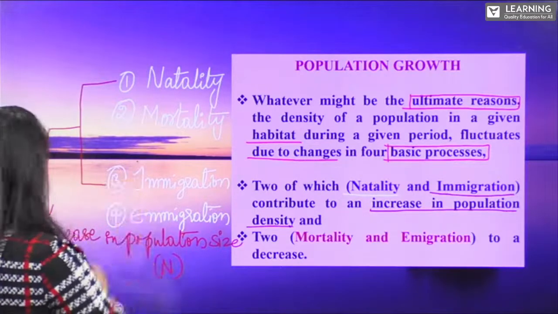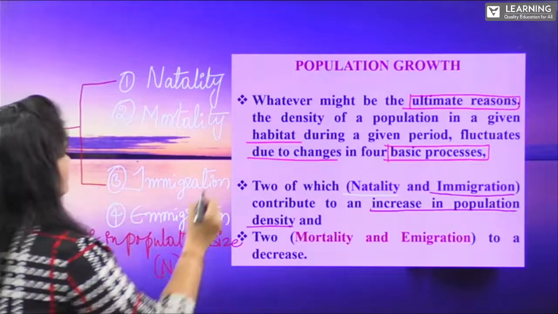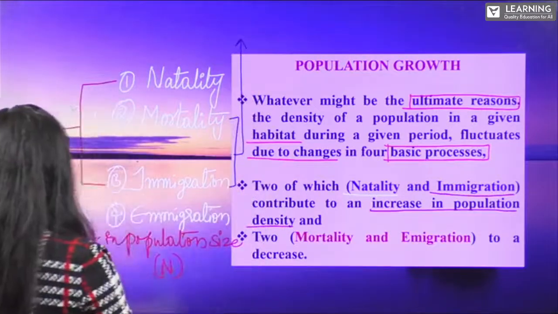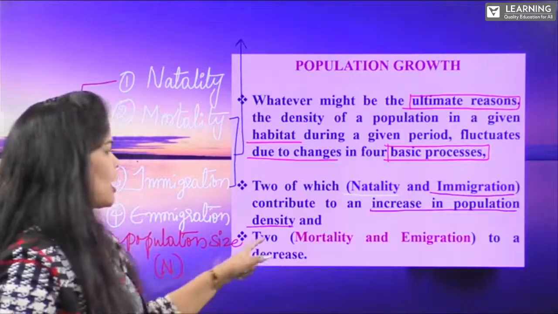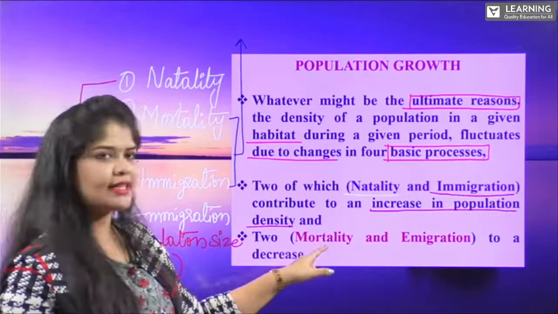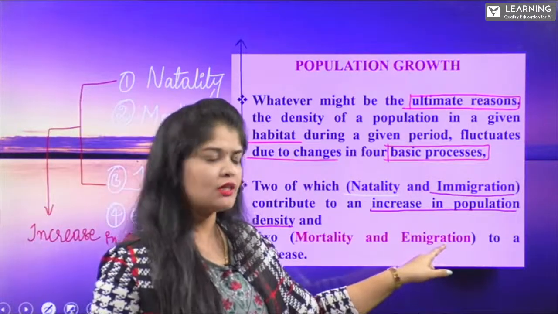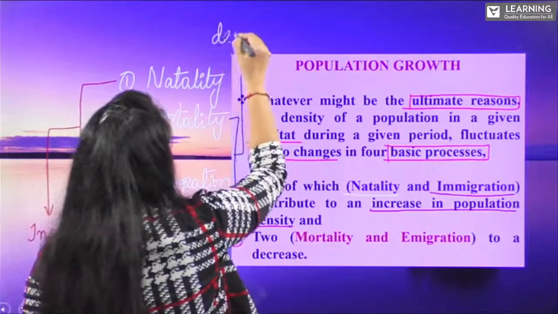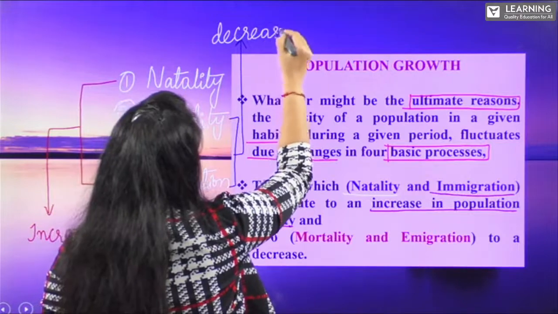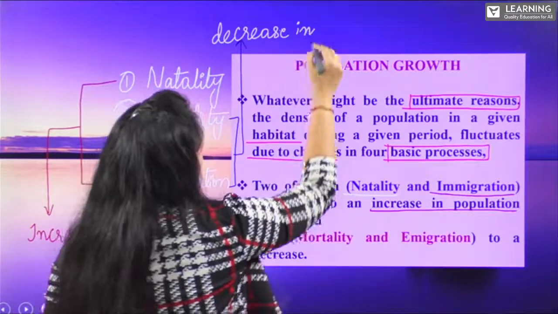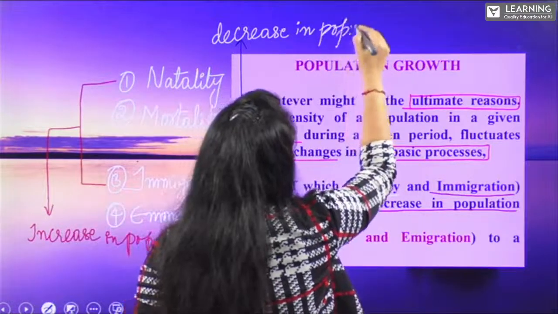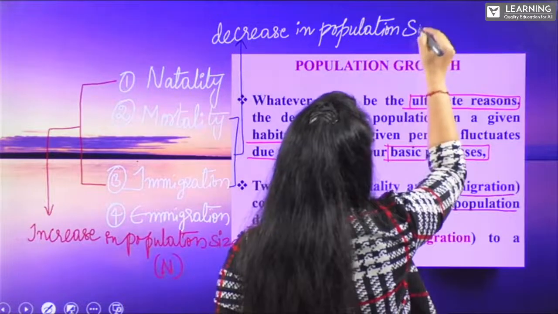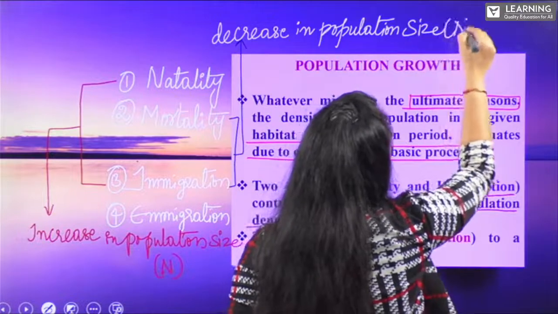And the other 2 factors, one is mortality and emigration. These 2 contribute to the decrease in population size or density.